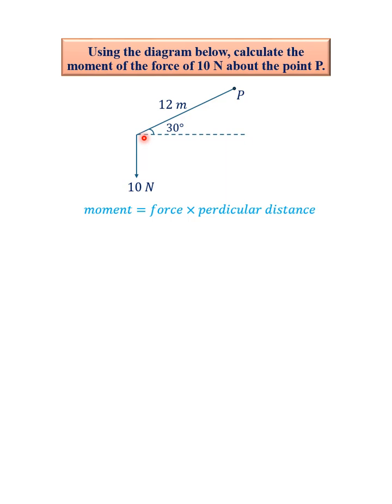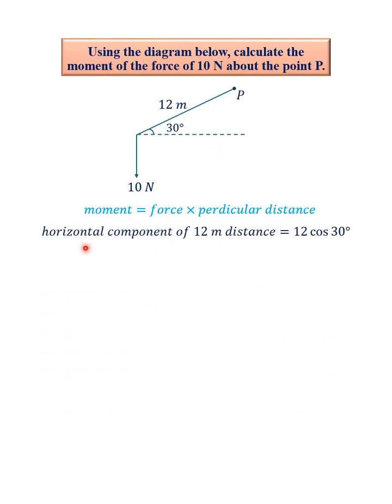It becomes adjacent over hypotenuse. By the time we close up this point, it becomes a right angle triangle where this is the adjacent. So the adjacent side divided by the hypotenuse will be cos theta, which is cos 30 degrees in this case. And by so doing, we resolve the 12 meters to the horizontal component.